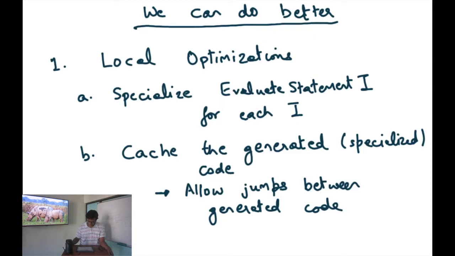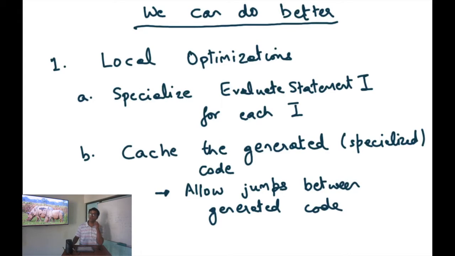All right. So in this case, specializing eval for each statement i, for i from 1 to n, is a local optimization. Similarly, I could cache the generated or specialized code. So for example, let's say I specialized statement 1, then I specialized statement 2, and so on.